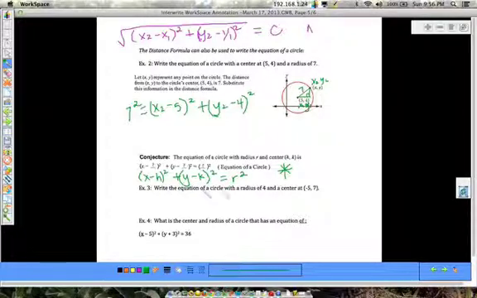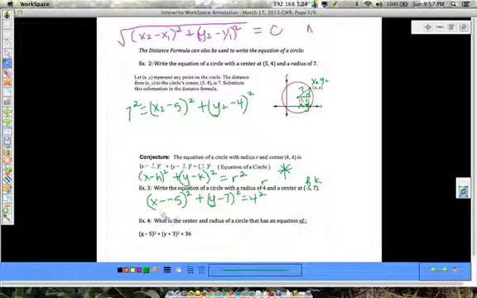So if they ask us to write the equation of a circle with a radius of 4 and a center of negative 5, 7, then let's label these. This is h, this is k, and this is my radius. So we're going to use this formula. x minus h is a negative 5, so x minus negative 5 quantity squared, plus y minus k is 7 quantity squared, equals my radius squared, 4 squared.